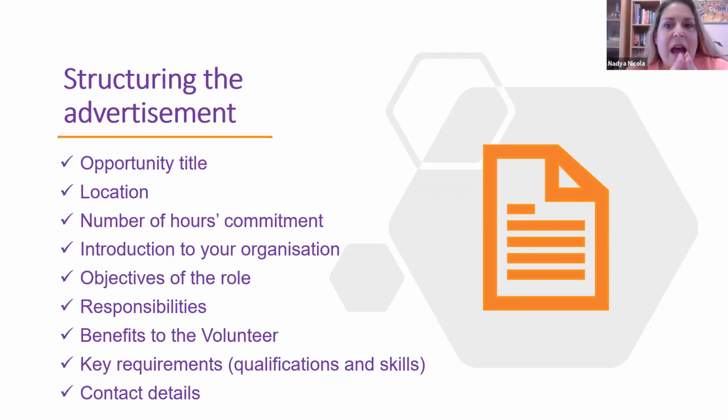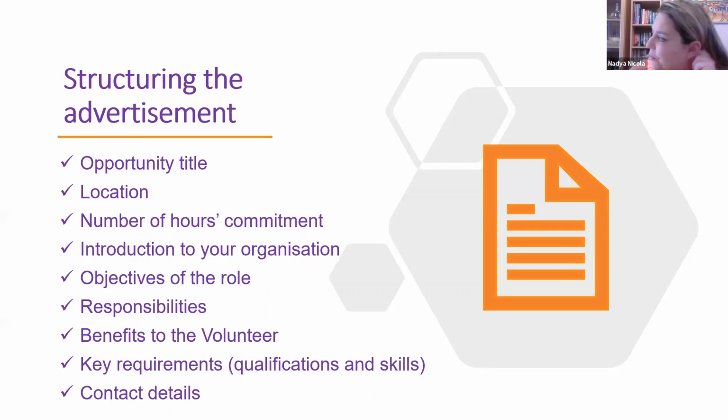This bit is about how you structure the advert. What that means is what needs to go in there. I'm not going to read out the list; I'm sure you're all very capable of reading the list yourselves. What I do want to emphasize, though, is that you have to manage expectations. In other words, the person needs to know what you want from them, how many hours you want from them, how much travel, what will be reimbursed, and what will be coming out of their own pocket.